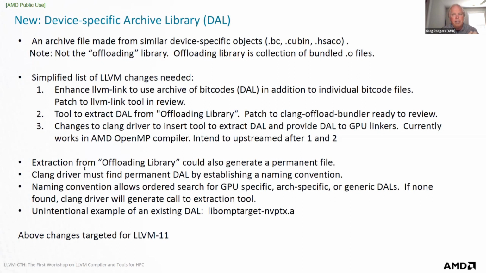And then if there isn't a library that exists for that, you want to look for something that's architecture specific, NVIDIA versus AMD, for example. And then the possibility of a generic DAL: if it's bitcode, it could have nothing specific to anything in the GPU, so of course you still have to look for those. If none of these are found, then the Clang driver will generate that existing call to the extraction tool.